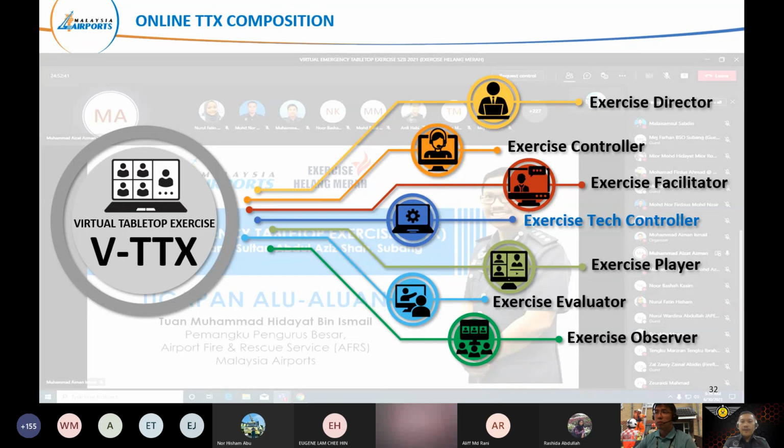And we have also invited observers, exercise observers. These participants, the observers, will not give any feedback, either during or at the end of the exercise, because their role is to observe and just to learn. If we give them the opportunity to comment, the exercise will be prolonged.